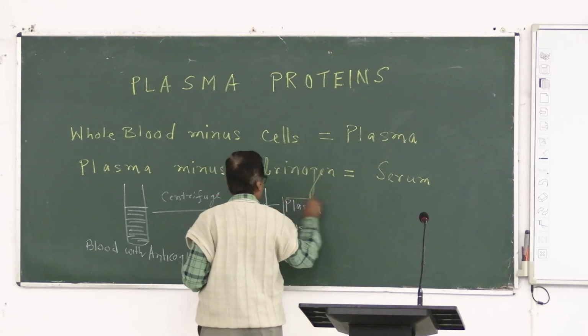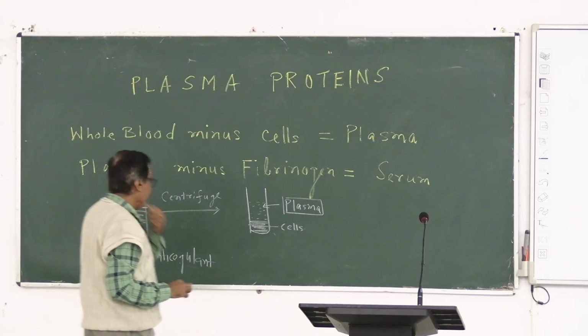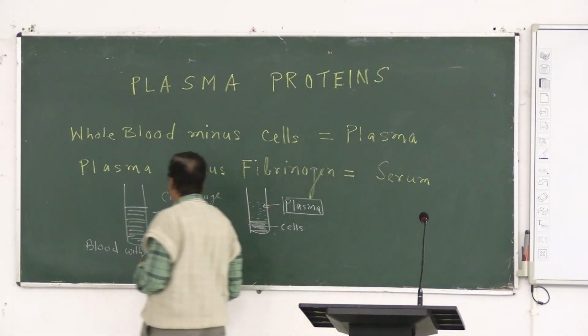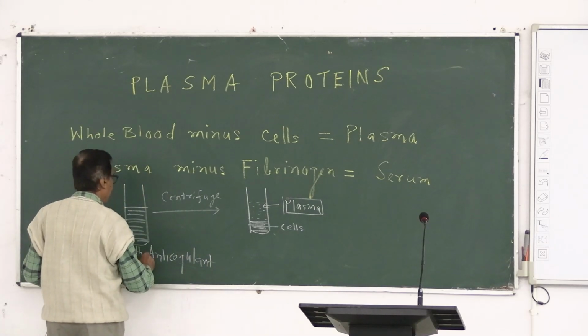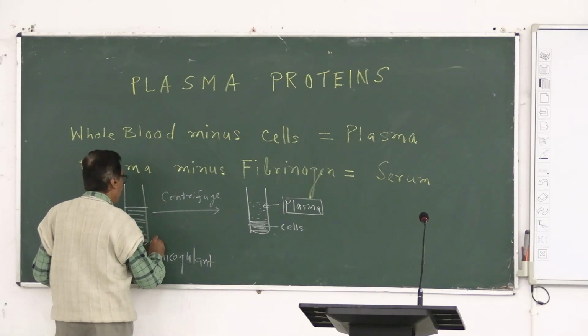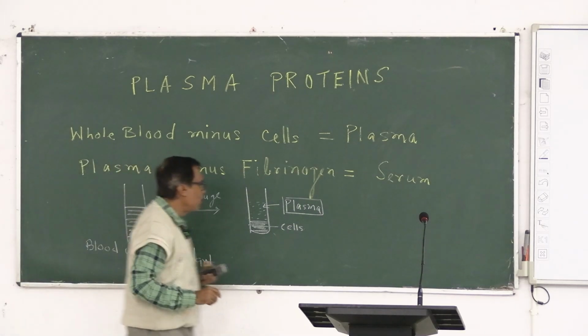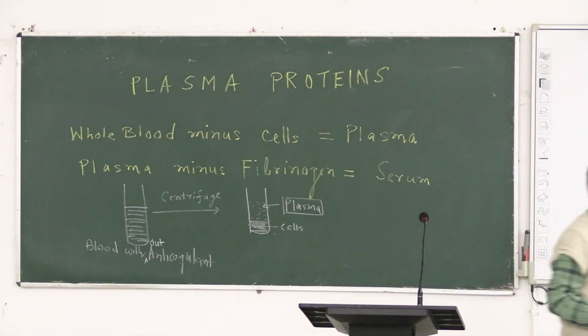This is plasma. Now, what is serum? You will get serum from blood without anticoagulant. With anticoagulant, we get plasma by centrifugation.